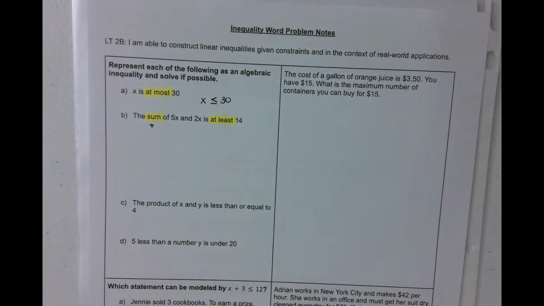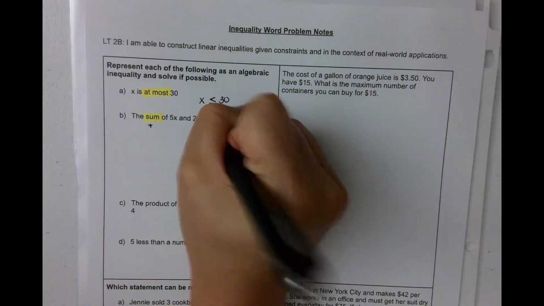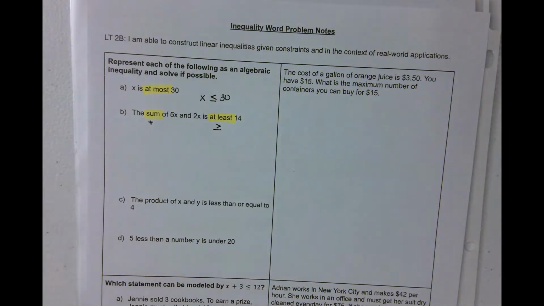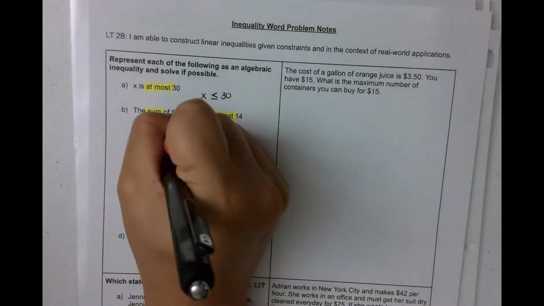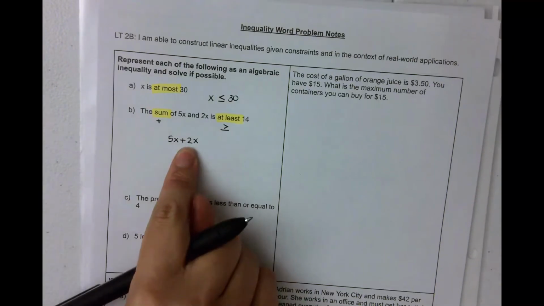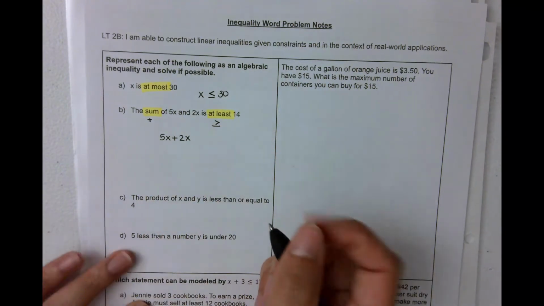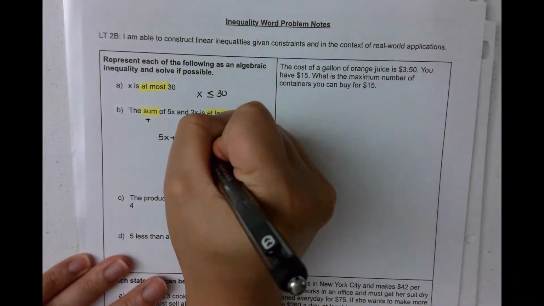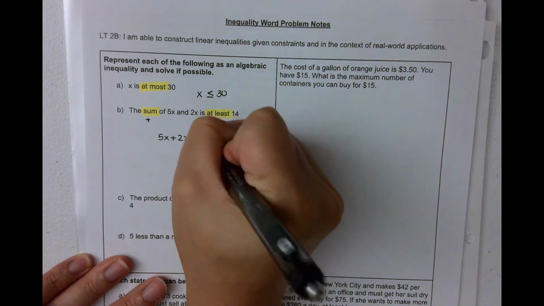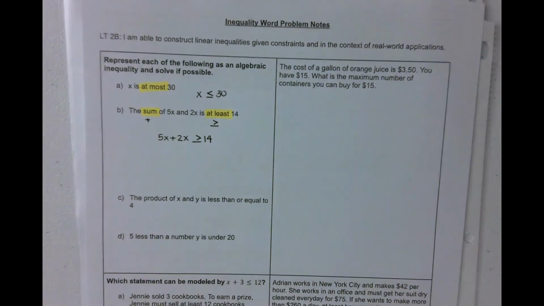So everything else has to be greater than or equal to. So the sum of 5x and 2x is at least 14. That means it has to be either equal to 14 or bigger, because that's the smallest it could be. After that, you should be able to solve it.